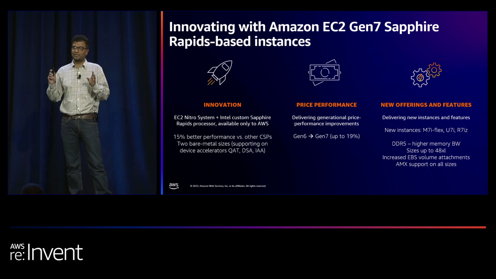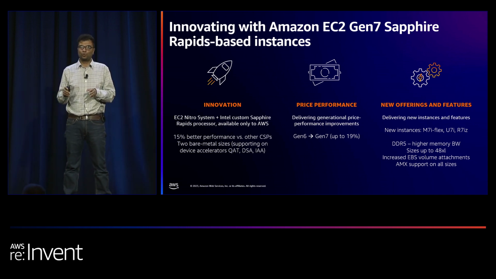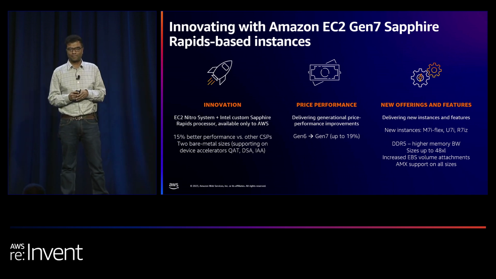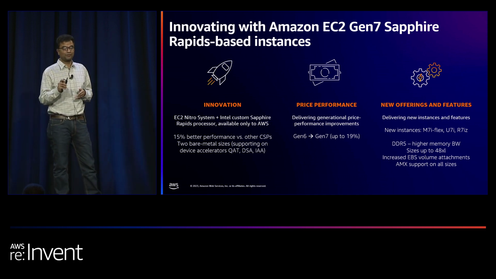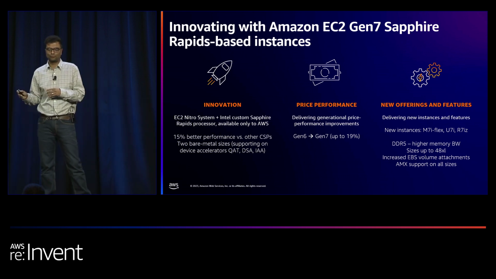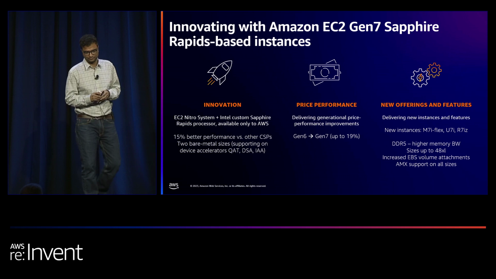In those 17 years of collaboration, AWS has introduced more than 400 different Intel-based instances. And since August, we have launched more than 5 different Sapphire Rapids-based instances. Let's take a look at what we have been able to offer with our Sapphire Rapids-based instances.